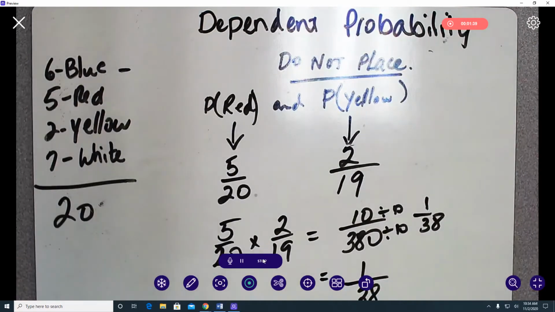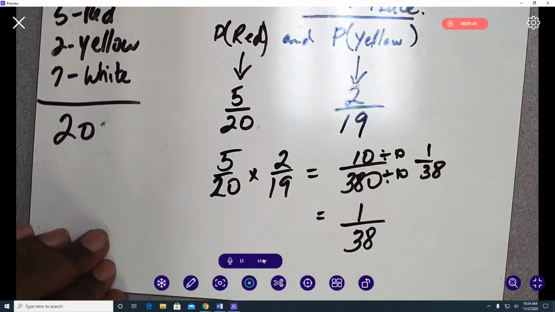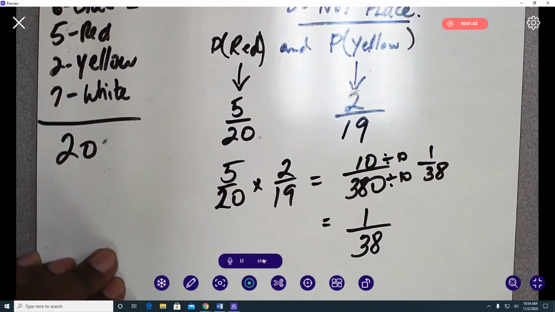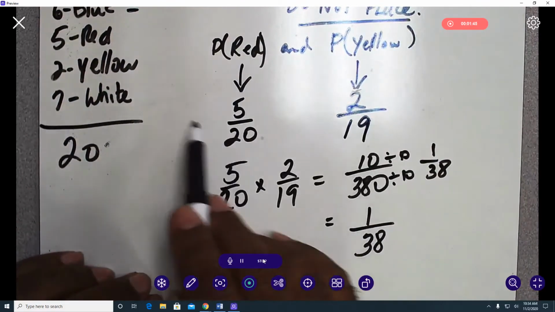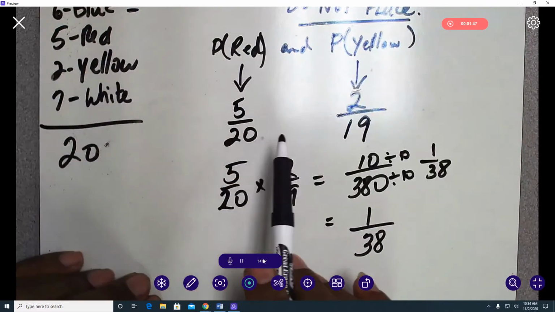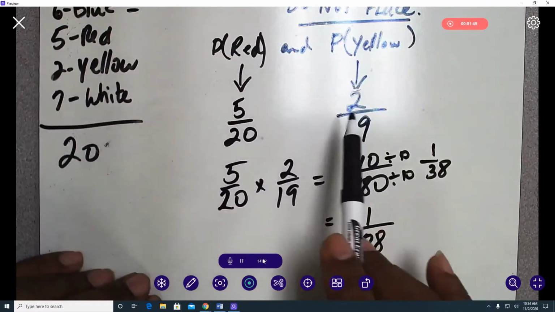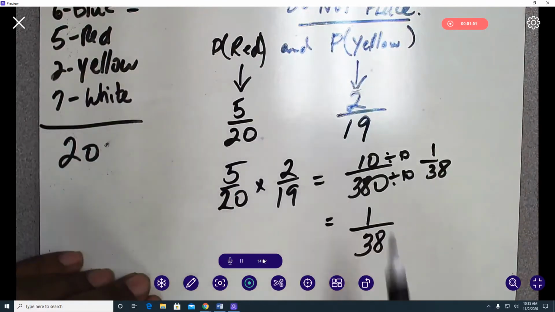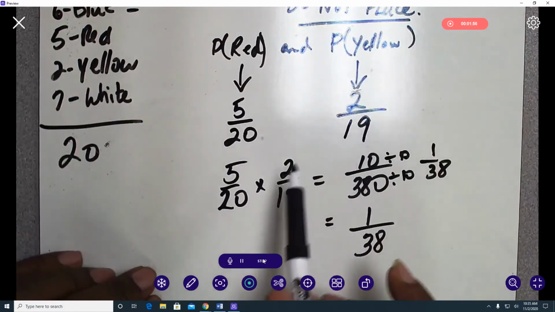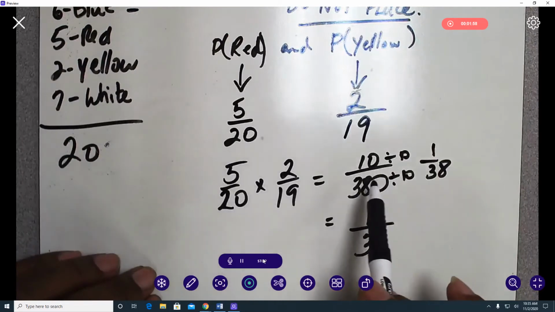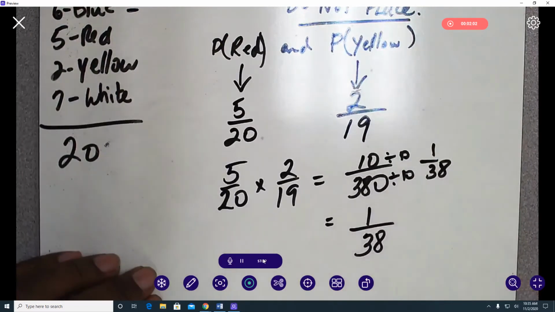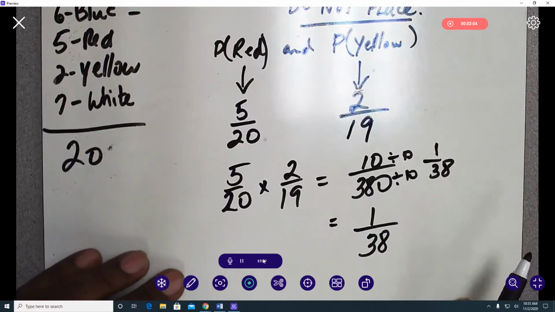So the probability of pulling a red and then pulling a yellow would be 5 over 20 because there's 5 reds, and then 2 over 19 because once we pull one from here, that's only 19 left. So we would multiply 5 over 20 times 2 over 19, which would give us 10 over 380. And we simplify it, it's 1 over 38.